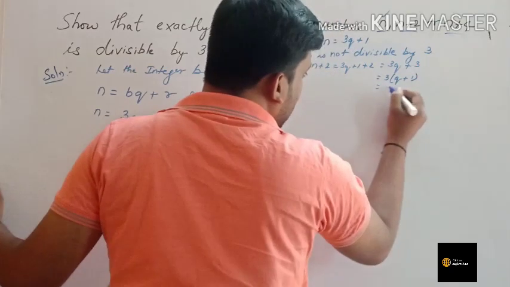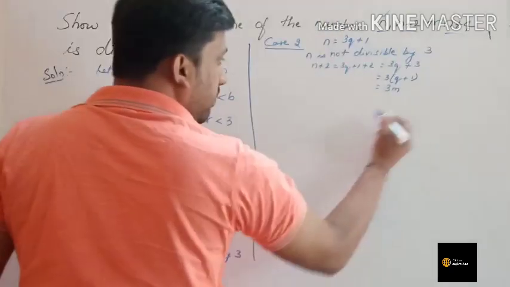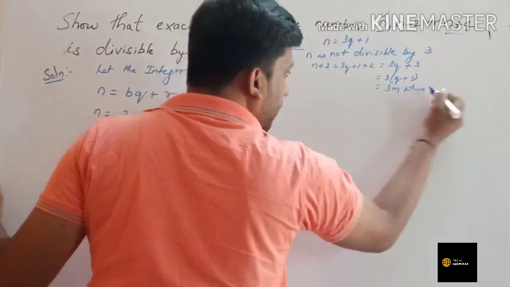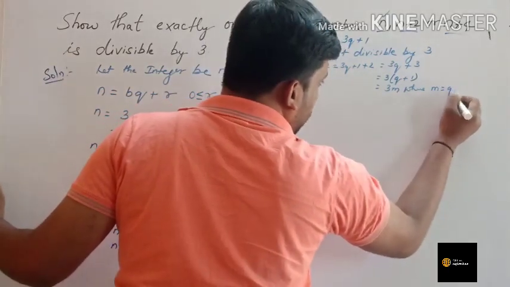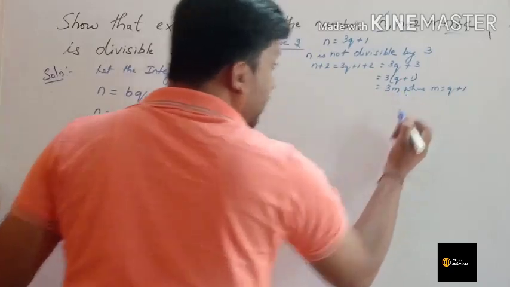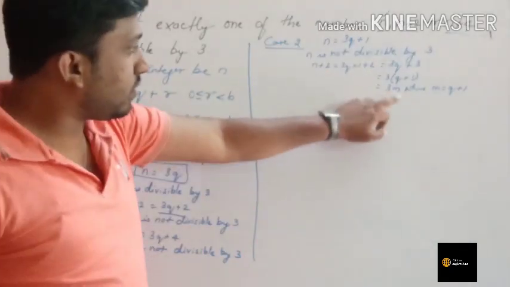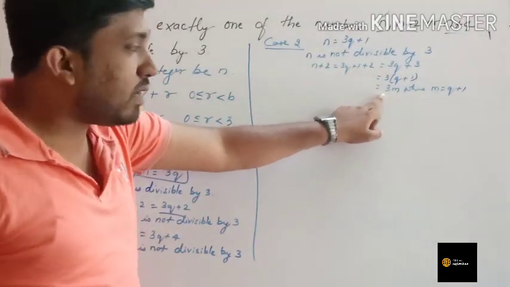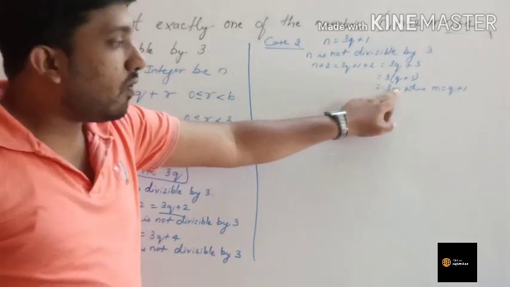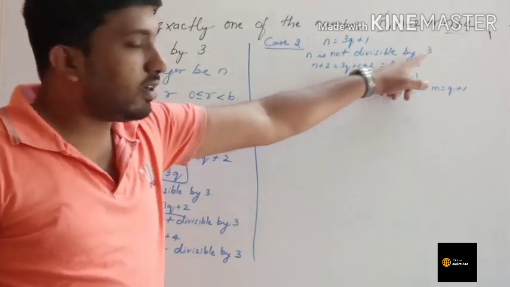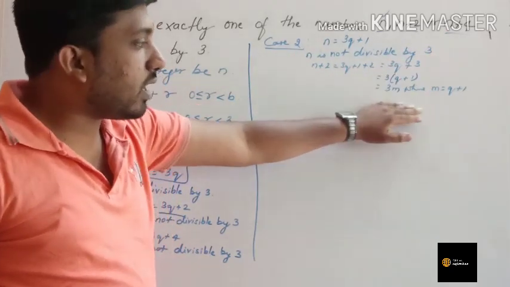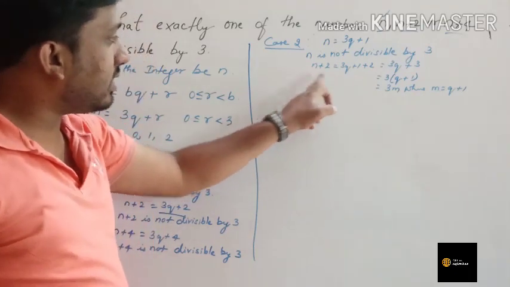Again, this is in the form of 3m, where m is equal to q plus 1. So it is in the form of 3m, which is a multiple of 3. Anything multiplied by 3 will obviously be divided by 3, right? So 3 can divide that number. So therefore, this is divisible.